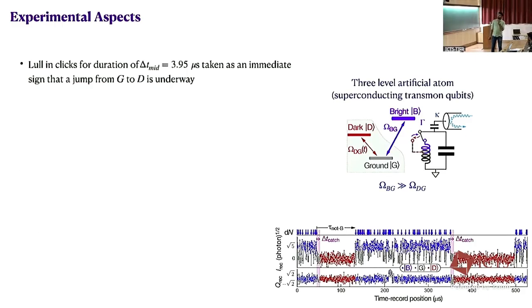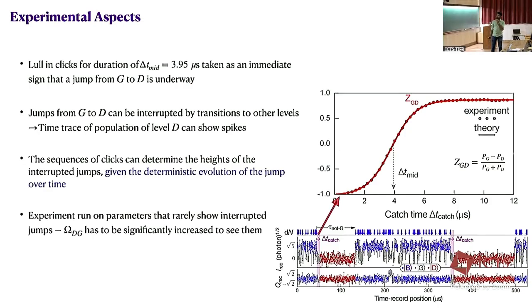So I'll just quickly go to the upshot of our proposal, which is, as I mentioned, you cannot rely on any stochastic master equation to deduce the spike. We know that spikes are interruptions in these jumps. What these people have done is, on a sequence of no clicks, where they know clicks are transitions from B to G, they mapped out the path of the system, this atom, through the Hilbert space, and they have plotted this particular trajectory.